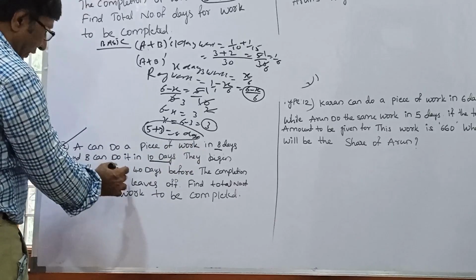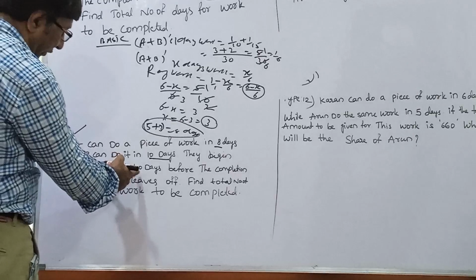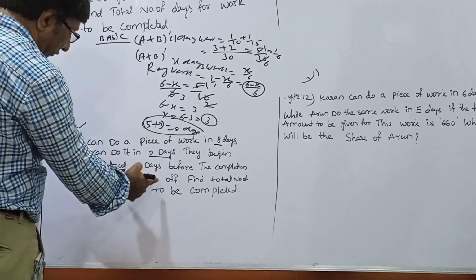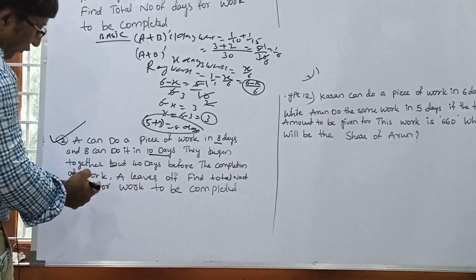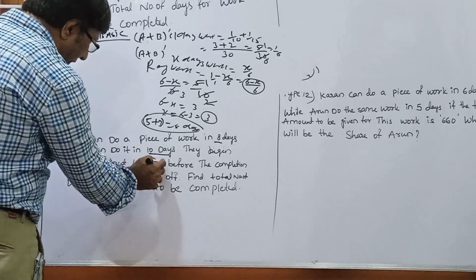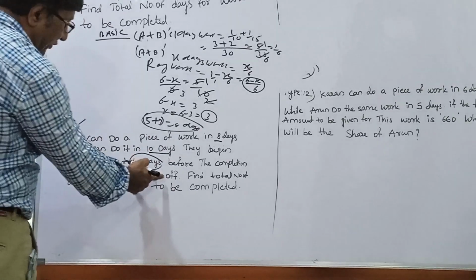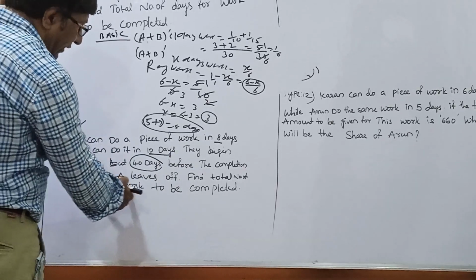They begin together, but 4 days before the completion of work A leaves off. Find the total number of days for the work to be completed.